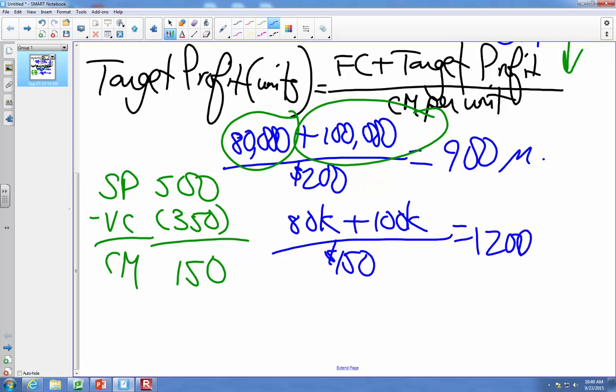The question is, does that $50 a unit incent my salespeople to pop up my sales that much? And is there a market for it? Is that realistic?